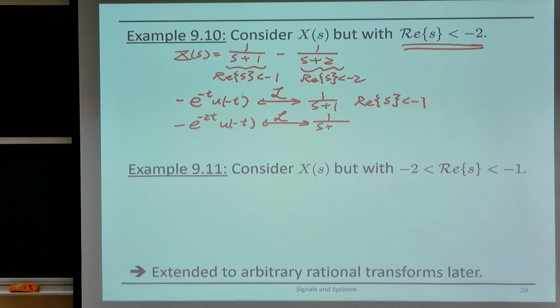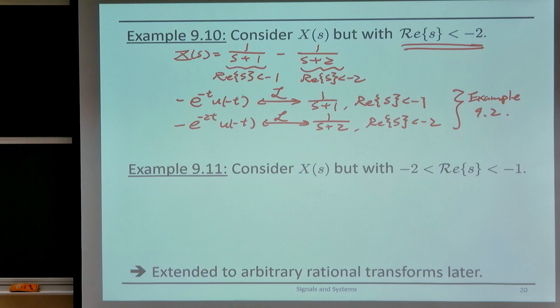This corresponds to 1 over s plus 2, the real part of s less than minus 2. And these identities we get from example 9.2.